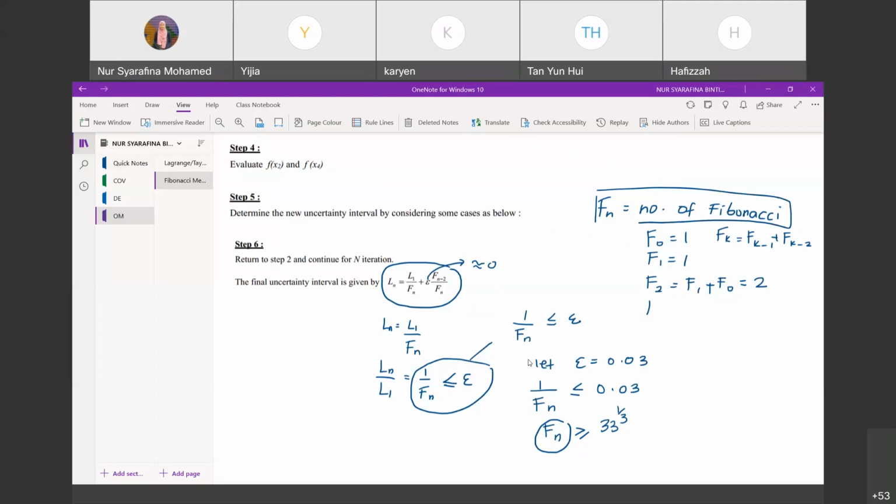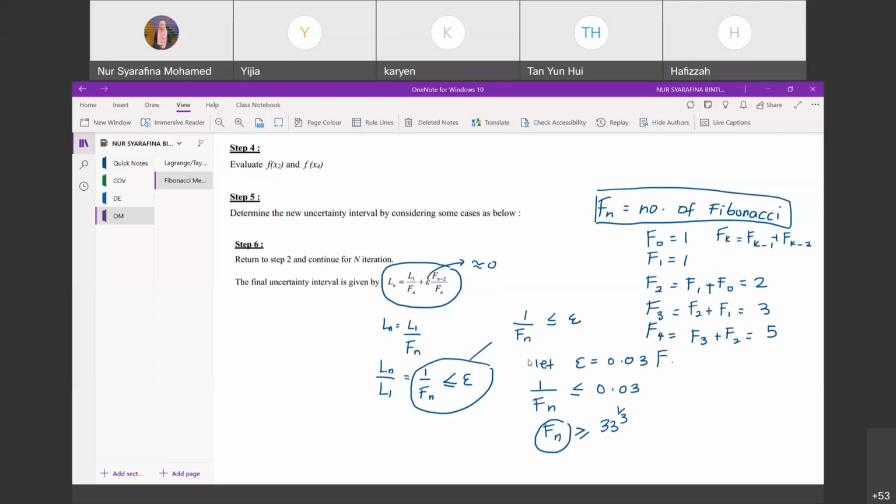Okay, let's discuss how you obtain the Fibonacci number. F3 equals F2 plus F1, which is 3. F4 equals F3 plus F2, which is 5.